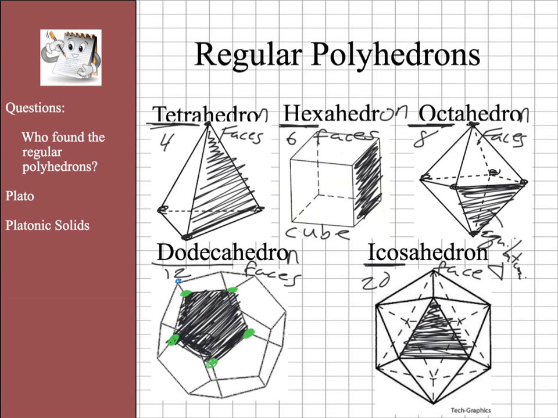And we have 6, 7, 8, 9, 10, 11, 12, 13, 14, 15, 16, 17, 18, 19, 20.